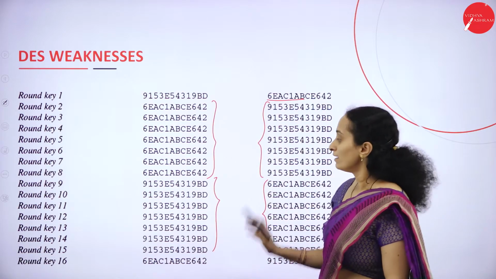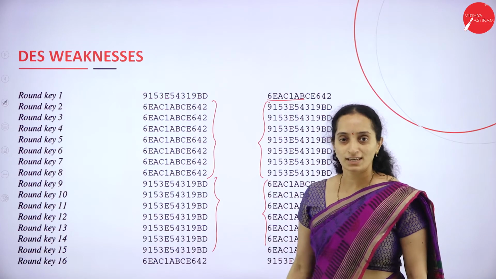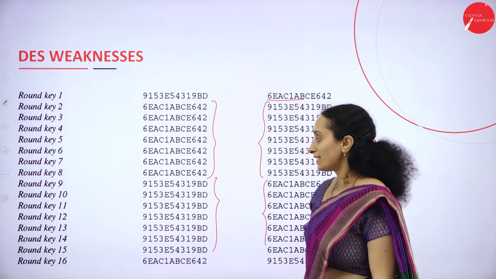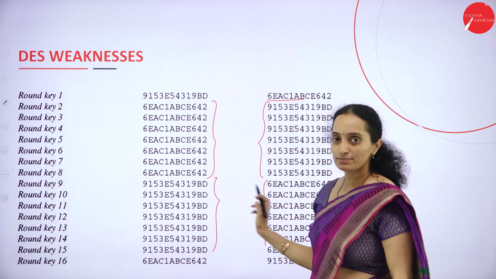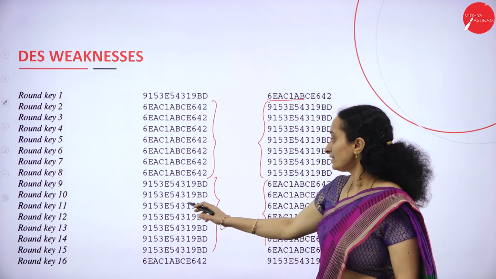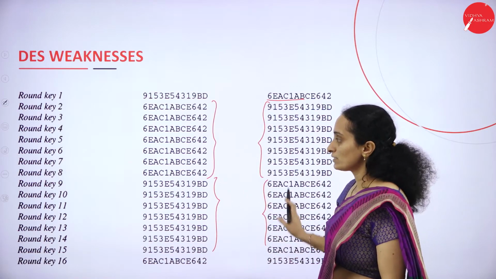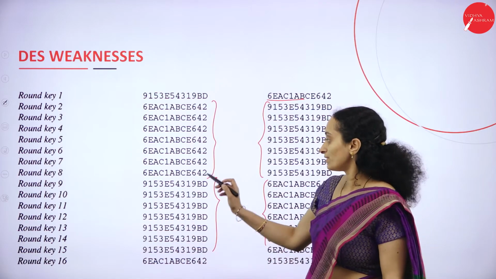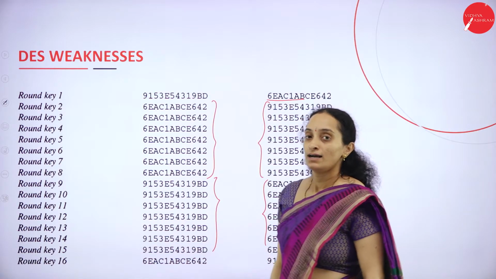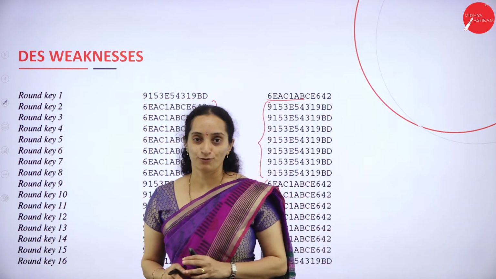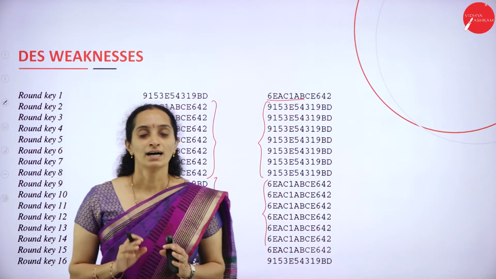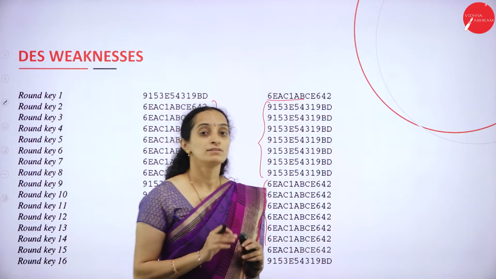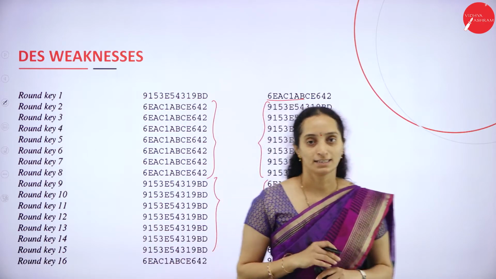When you exchange the text, what will you get? You will get the same values repeated for another 7 rounds. So we get the same combination of text with the application of the semi-weak key.